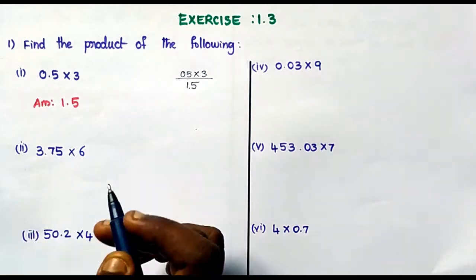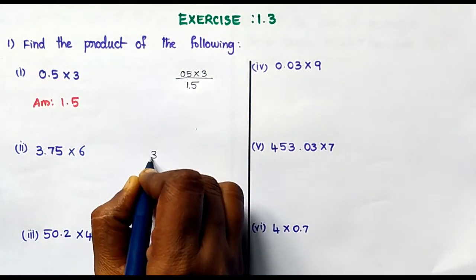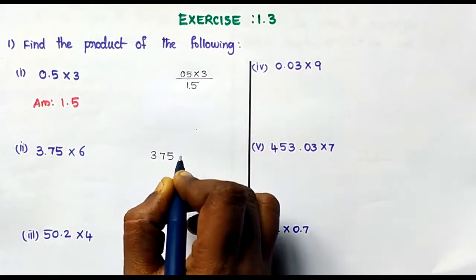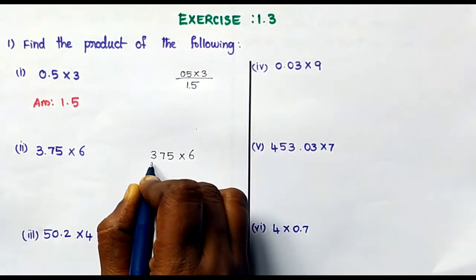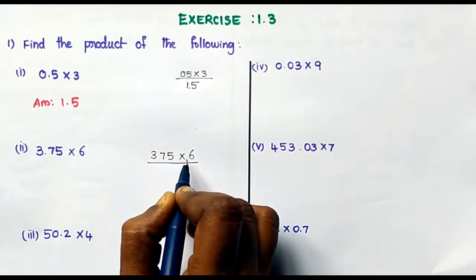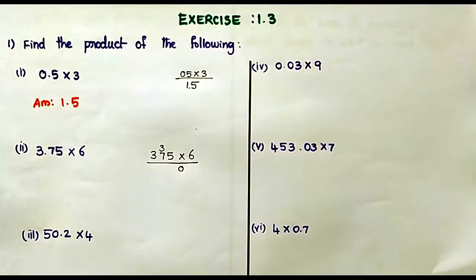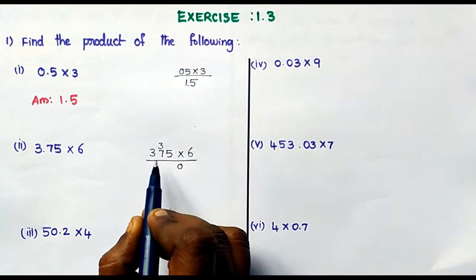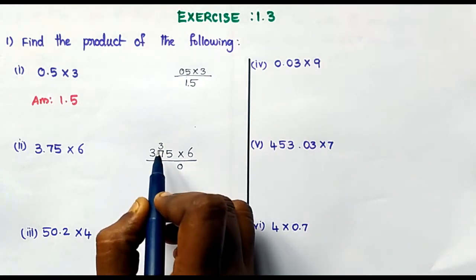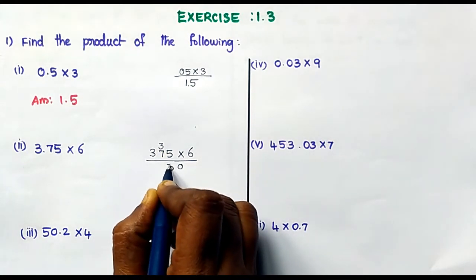Next one, 3.75 into 6. 375 into 6. 5 6s are 30. Carry over 3. And then 7 6s are 42 plus 3, 45.